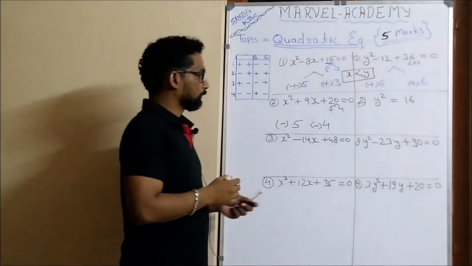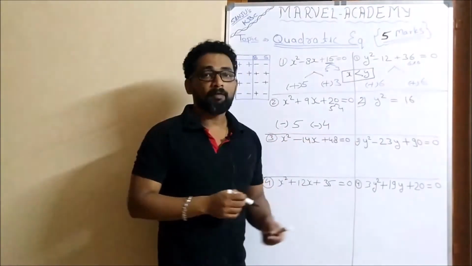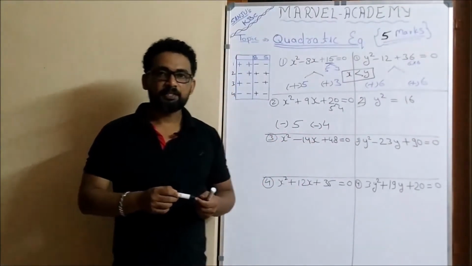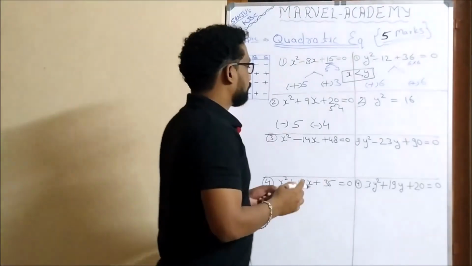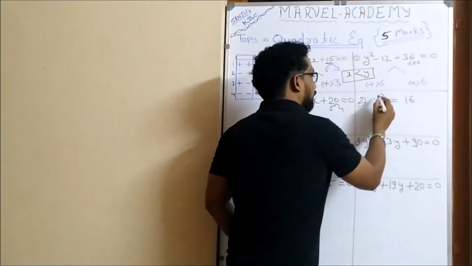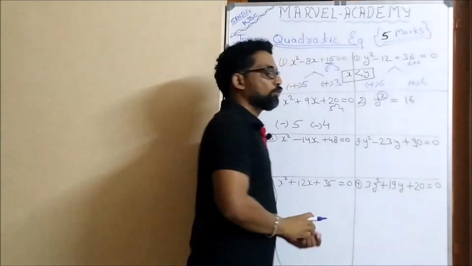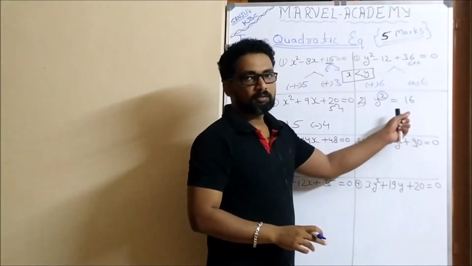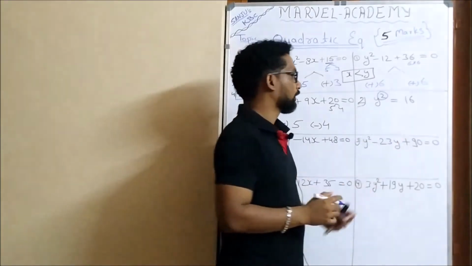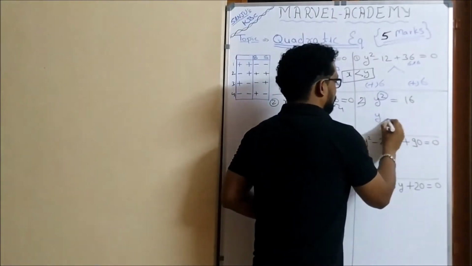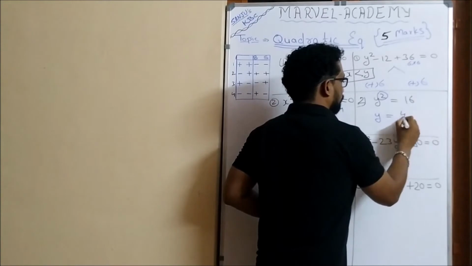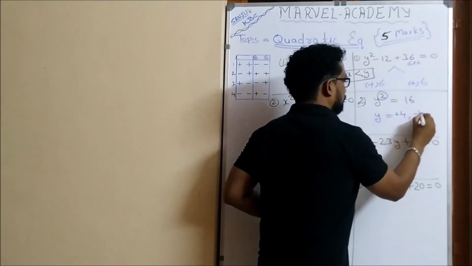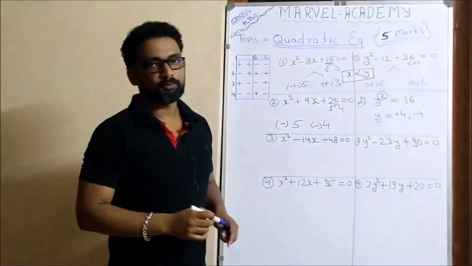Okay. Here, y square equals to 16. So remember one thing. When you get the power of 2, always there are two types of sign. That is y equals to positive 4 and negative 4.